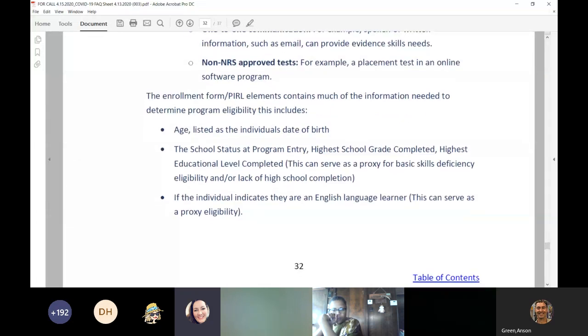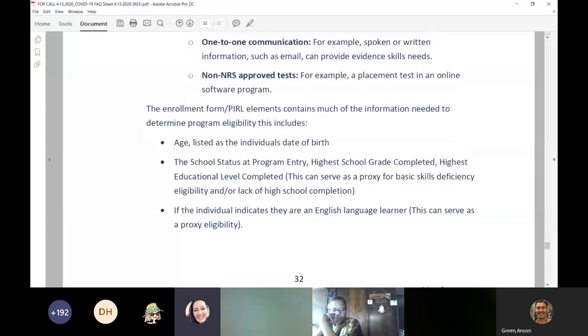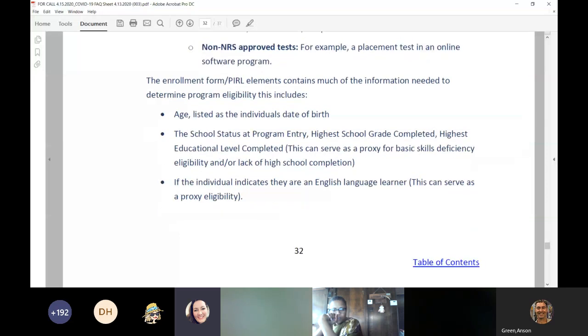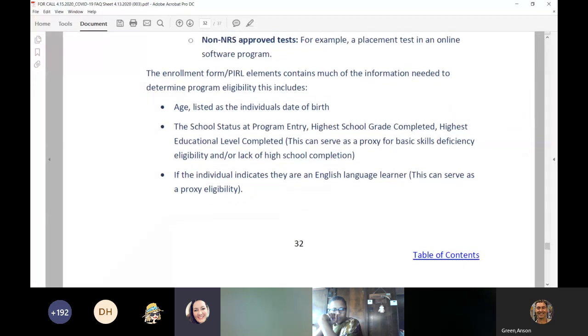So the other one that we have here is a non-NRS approved test. And many of you have sent in some questions throughout this process to say, well, can we use this? Can we use that? And what we're saying is, sure, you can use that for the purpose of figuring out if this individual is basic skills deficient.